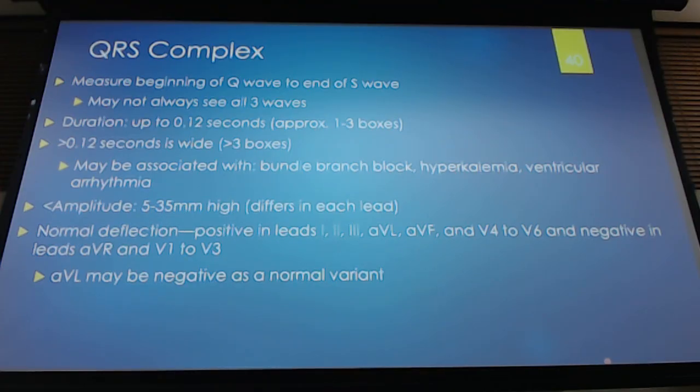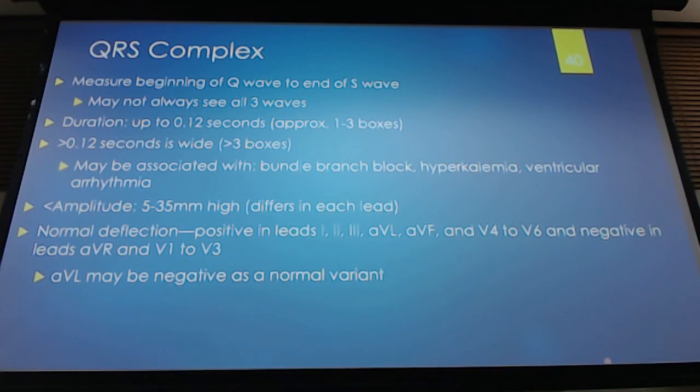Meaning, if I say in V1 that the QRS complex is more negative, what am I really referring to? What component of that QRS complex? The S wave. Because the R wave is going to be positive, and typically in V1, V2, and around V3 we start to get that transition.